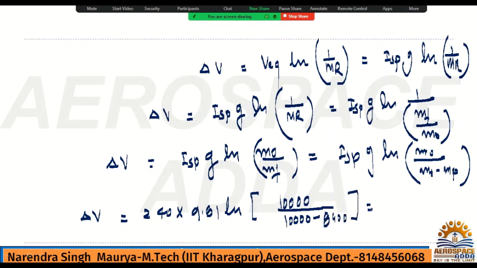If you do the calculation, 10,000 minus 8,400, 10,000 divided by this value, take ln of this, into 9.81 into 240, it's 4314.